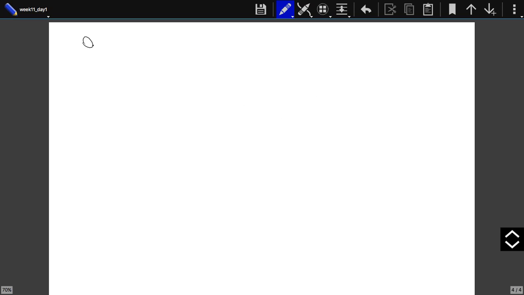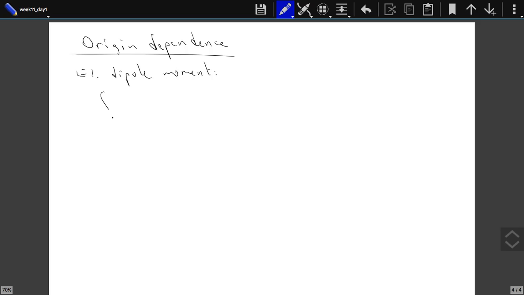Well, let's review. What powers cancel each other? Origin dependence. Electric dipole moment. It is defined as R rho of R dV. If you change your origin, what you are actually doing is this will be equal to R prime plus A rho of R plus A, right?